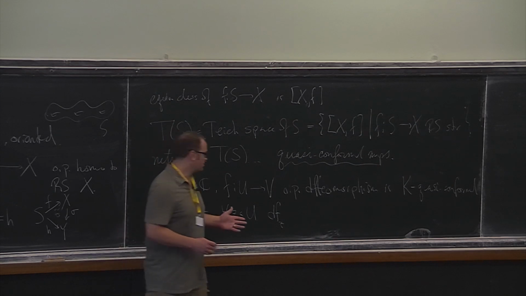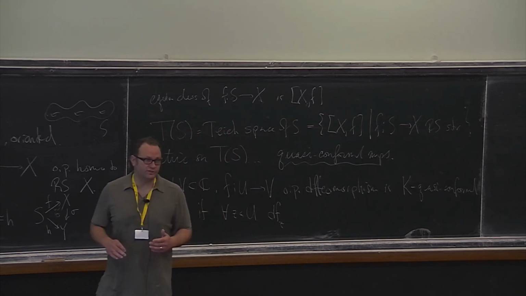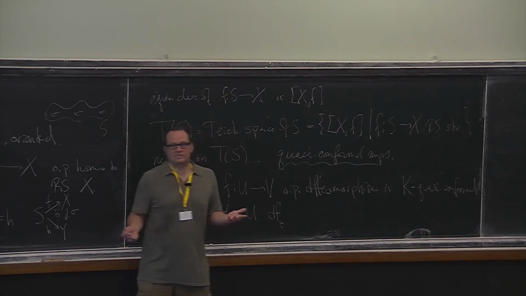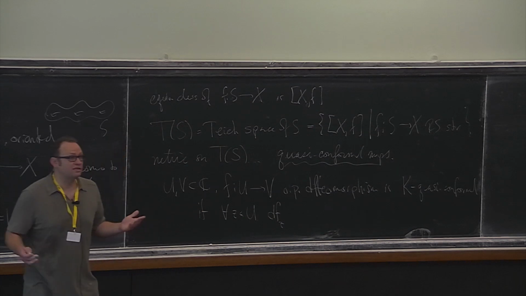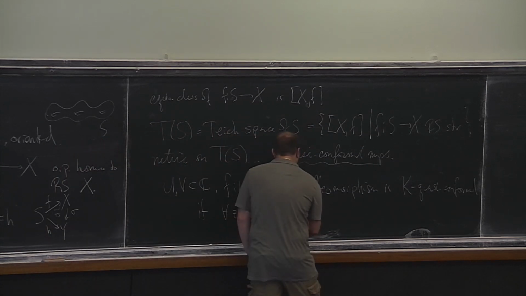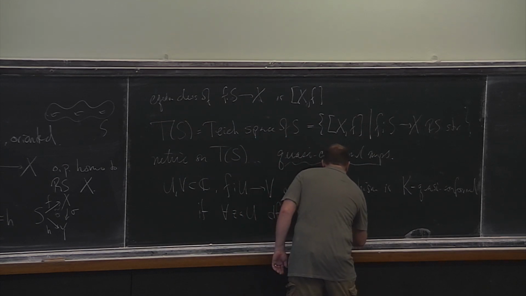I want to think of the tangent space as a copy of R2, and the reason is that F is not holomorphic, so the derivative isn't a complex linear map. It's just a real linear map.